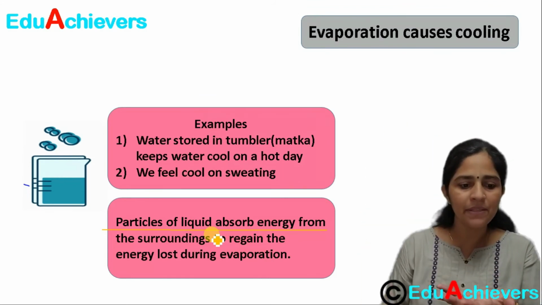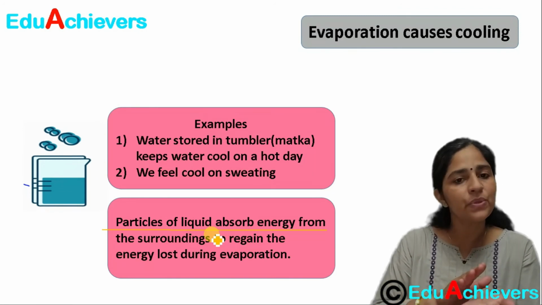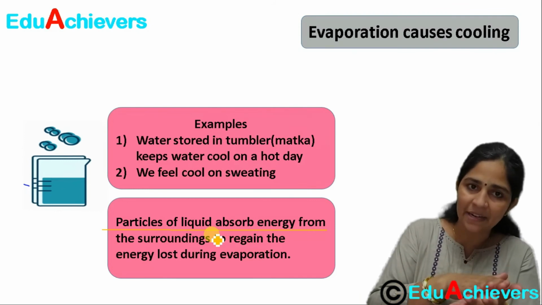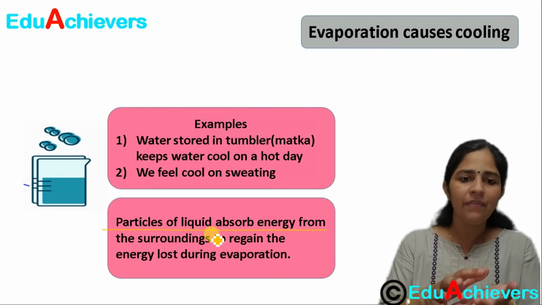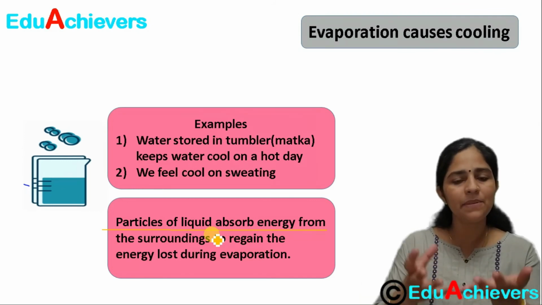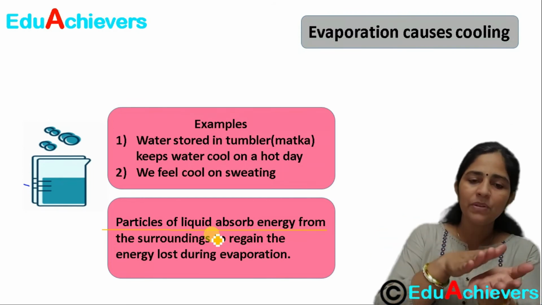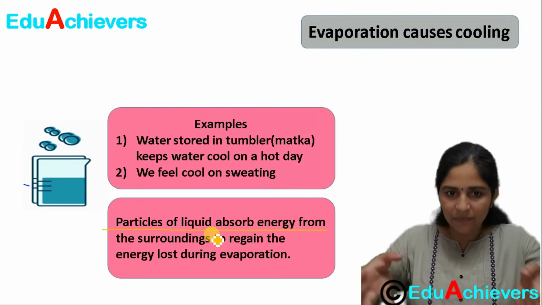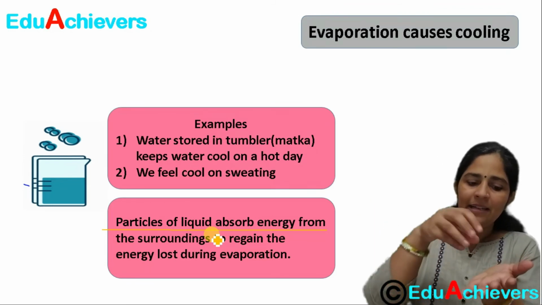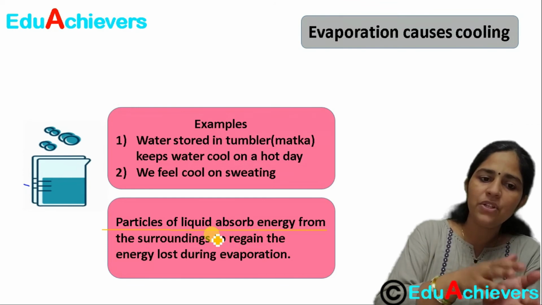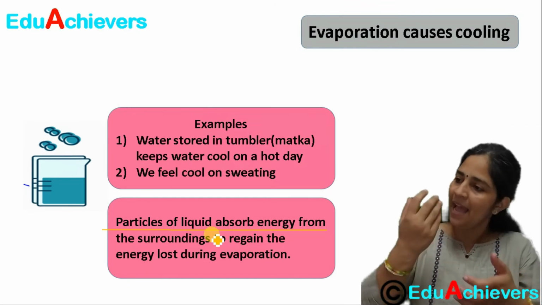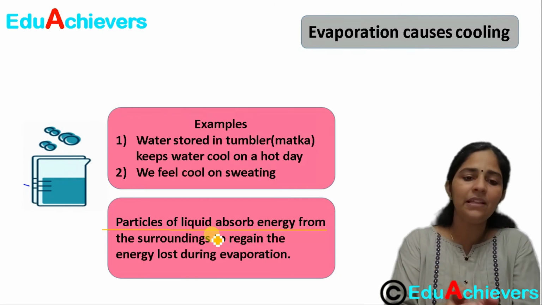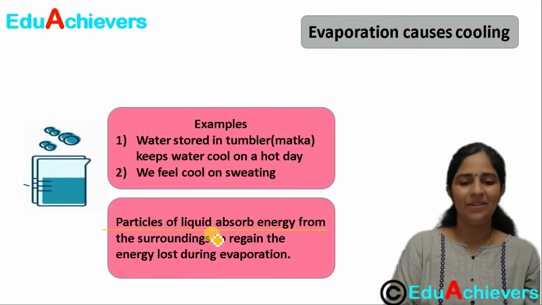When this happens, you will feel your palm is cool because the molecules have absorbed the energy from your hand. Similarly, the tumbler keeps the water inside cool because the molecules evaporating from the outer layers of the tumbler absorb energy from the molecules inside and escape out. And that is what leaves the water in the tumbler cool.